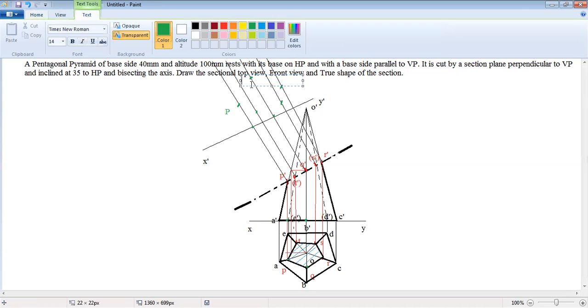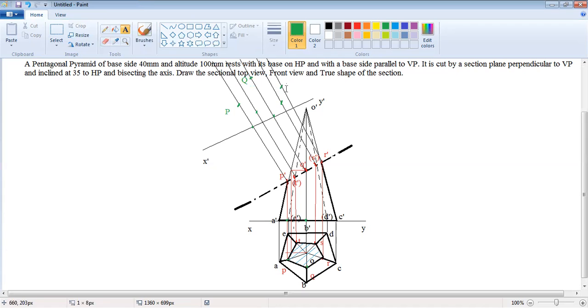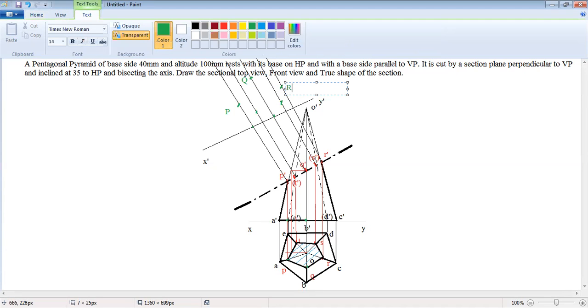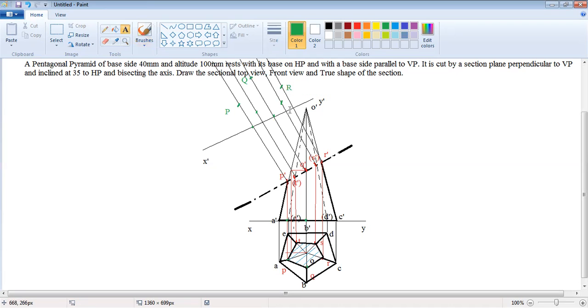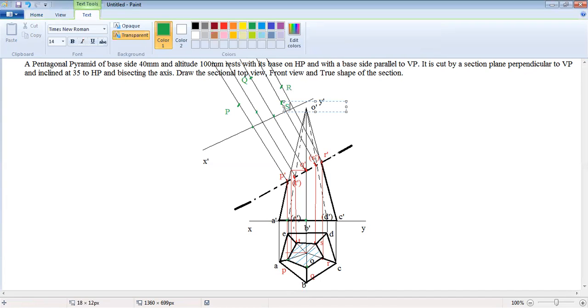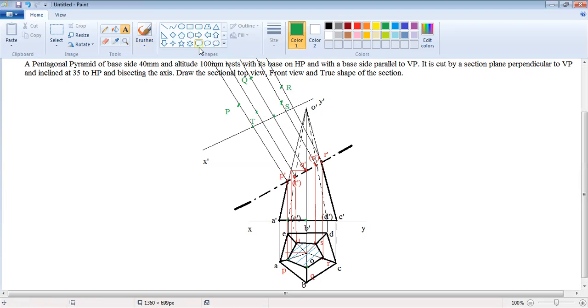Q, R, S, T. Join the points using the scale, and you will get the true shape of the section.